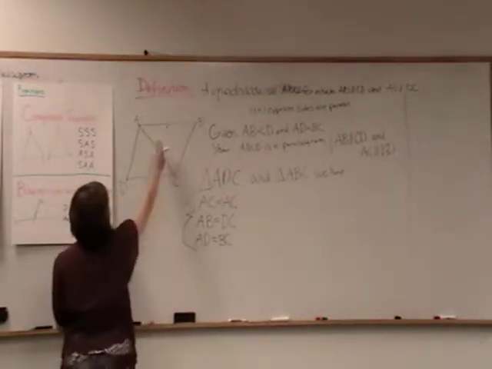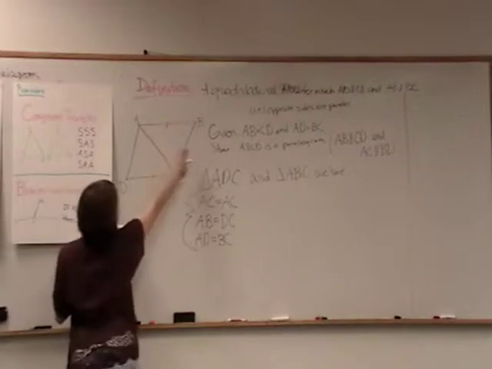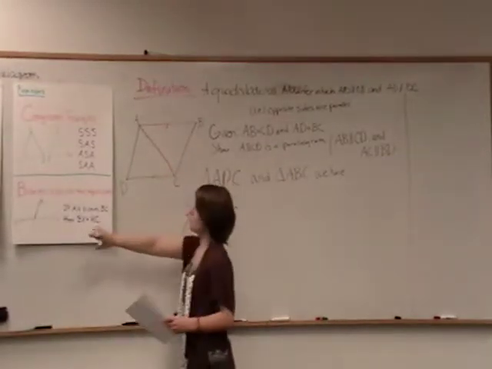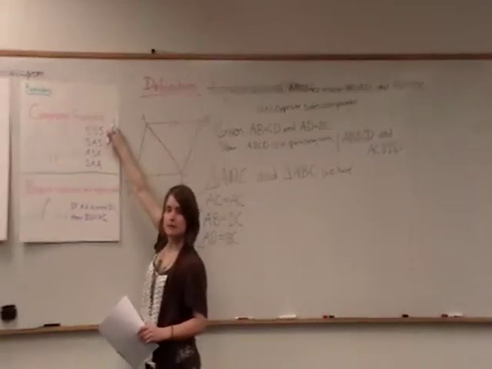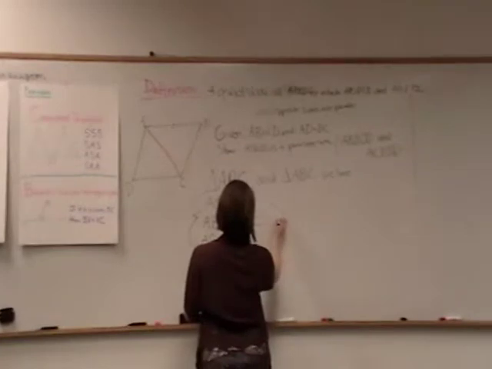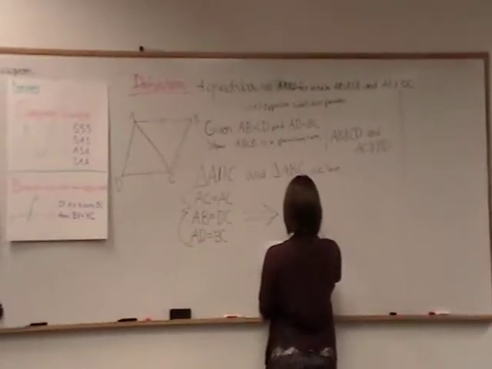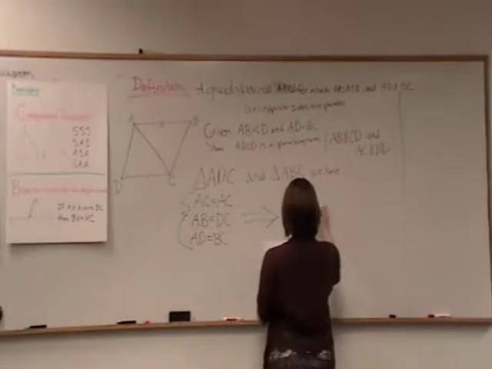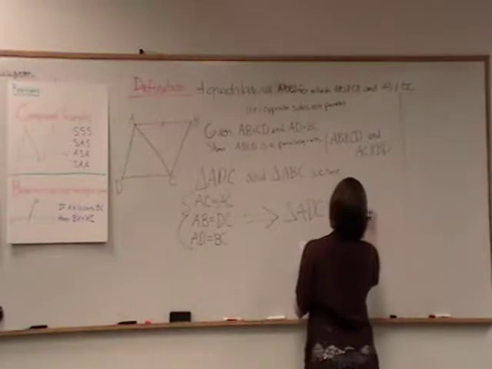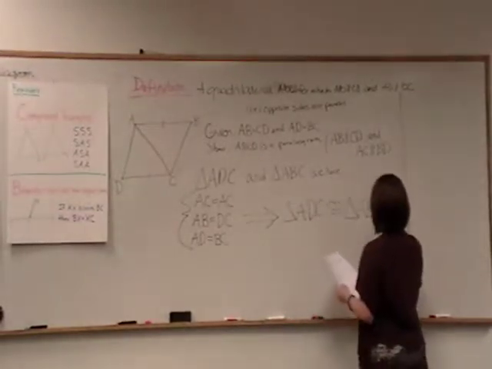So we have that this side equals itself, this side equals this side, and this side equals this side. Thus, we can use side, side, side for congruent triangles to show that triangle ADC is congruent to triangle ABC by side, side, side.